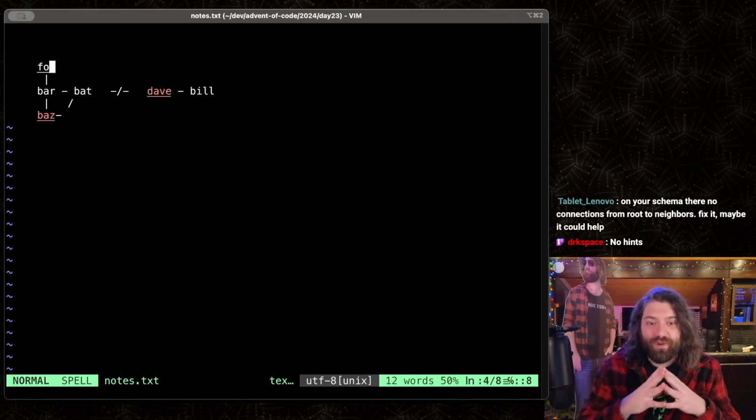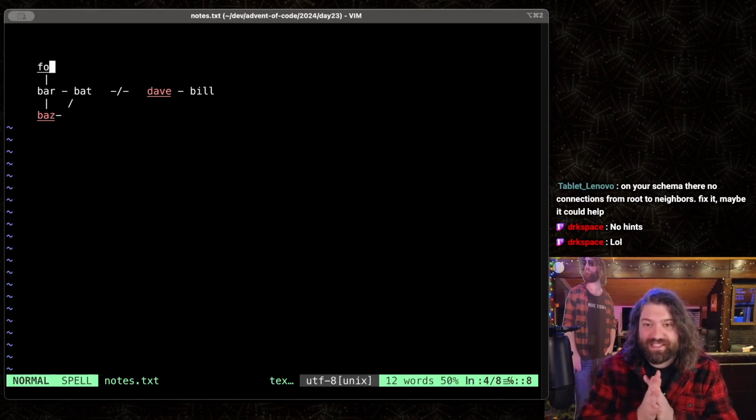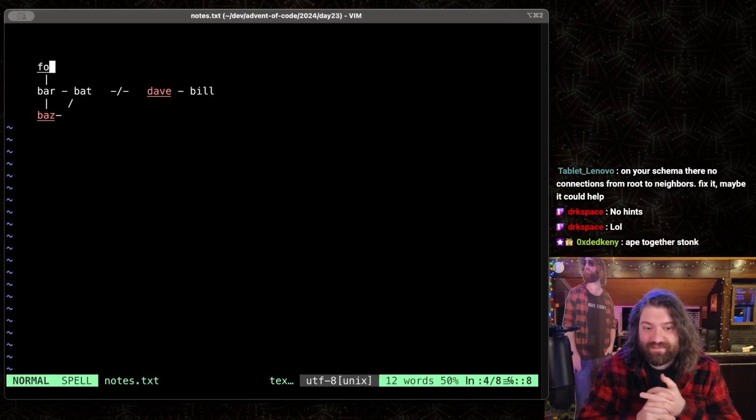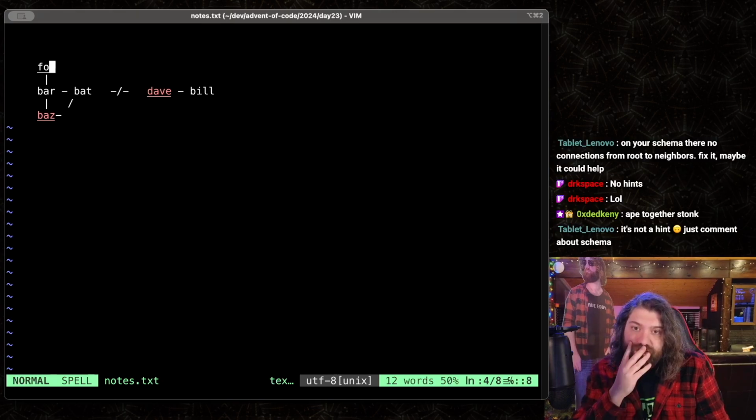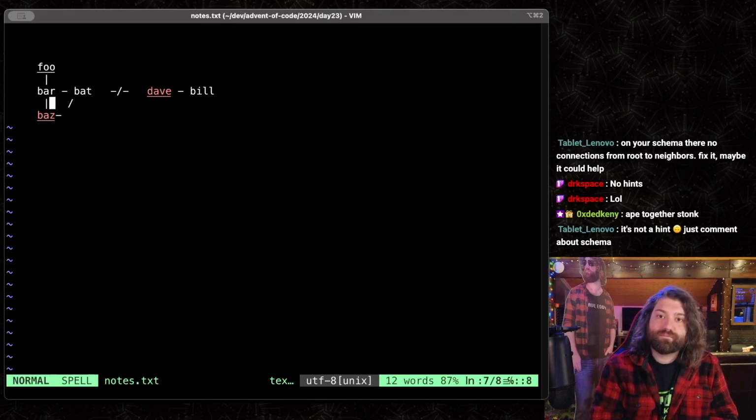Oh, man. Okay. What can we glean from this? Right here, in order for these 3 things to be connected, each one needs to have 2 connections.